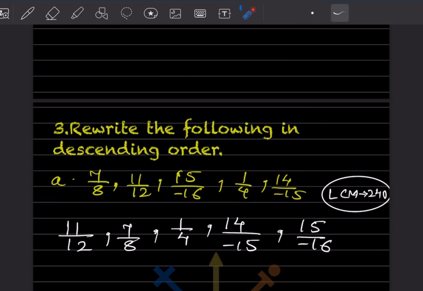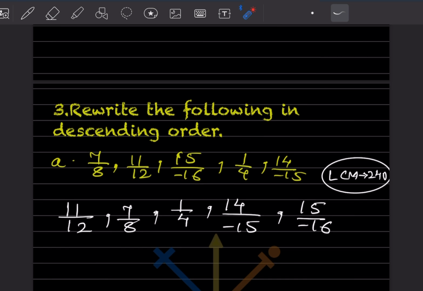Now here they have said rewrite the following in descending order. So for descending also, now you can see the denominator is different. So for this one also you have to take the LCM, but you should remember descending means it is going to be from big to small. Only the difference is here it will be from big to small. So now after taking here, the LCM is going to be 240, and be careful with the negative sign.